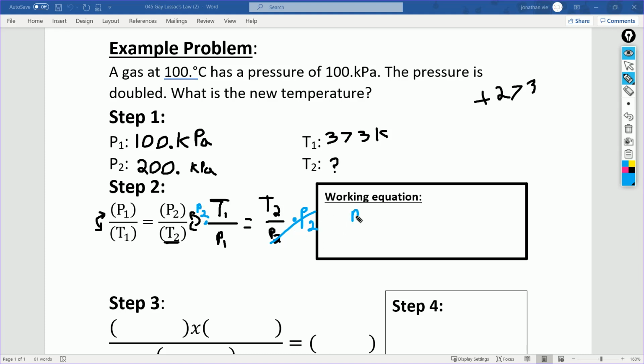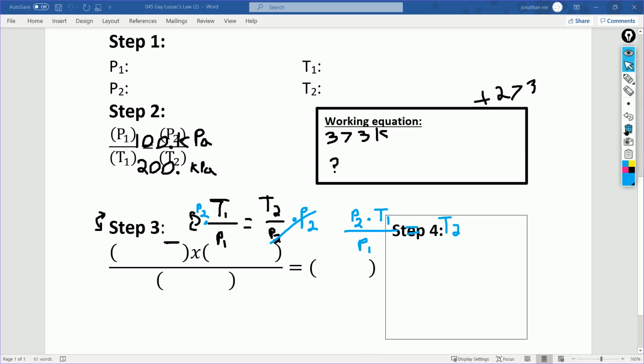I'll have P2 times T1 divided by P1 is equal to T2. Let me scoot all this down real quick, and I'll have to rewrite that equation.